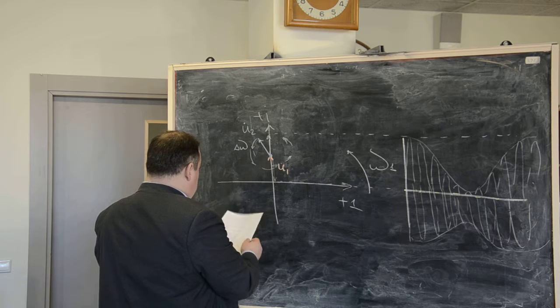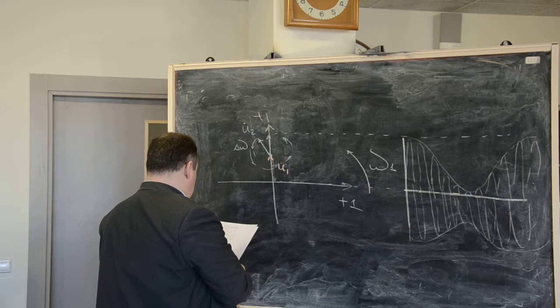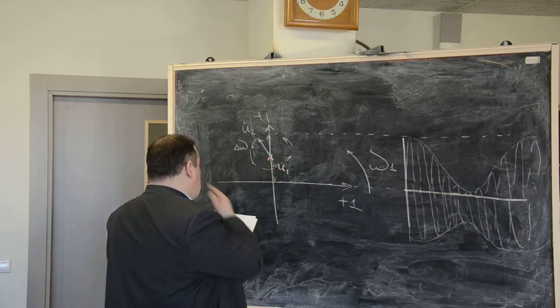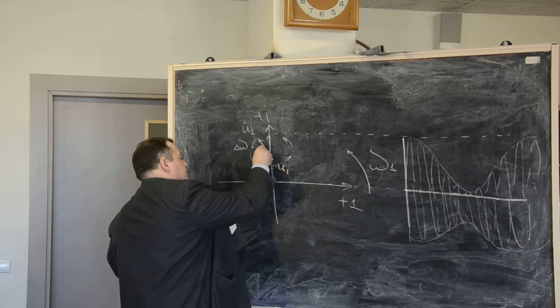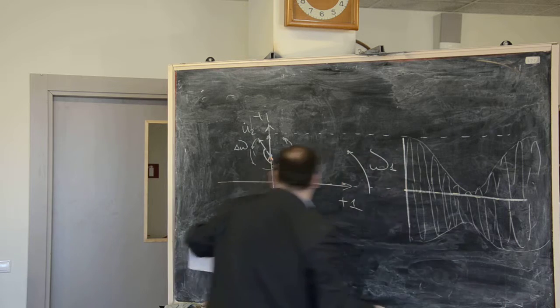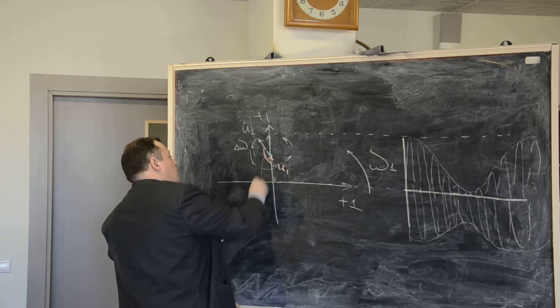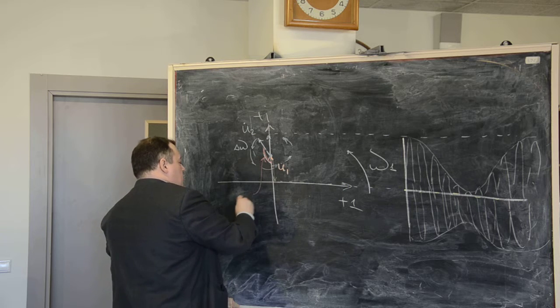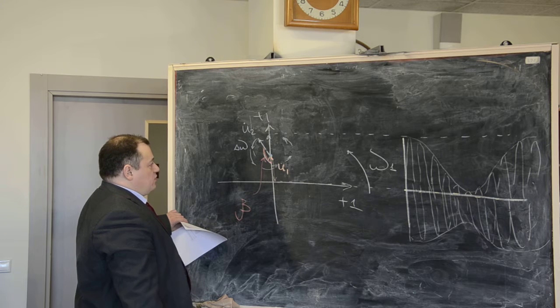In summary, we need some amplitude, what we got here. Let's say at the moment this angle is beta. This angle is variable.